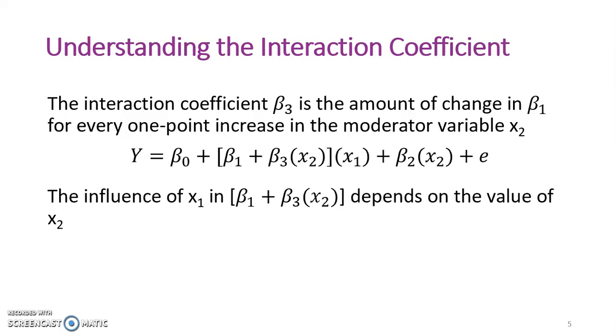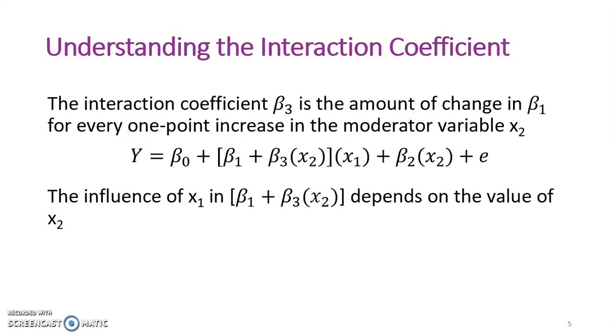So the interaction coefficient, beta 3, is the amount of change in beta 1 for every 1 point increase in the moderator variable x2. Now, this may seem confusing because usually when we interpret coefficients, we're just talking about the relations between the outcome and the variable.